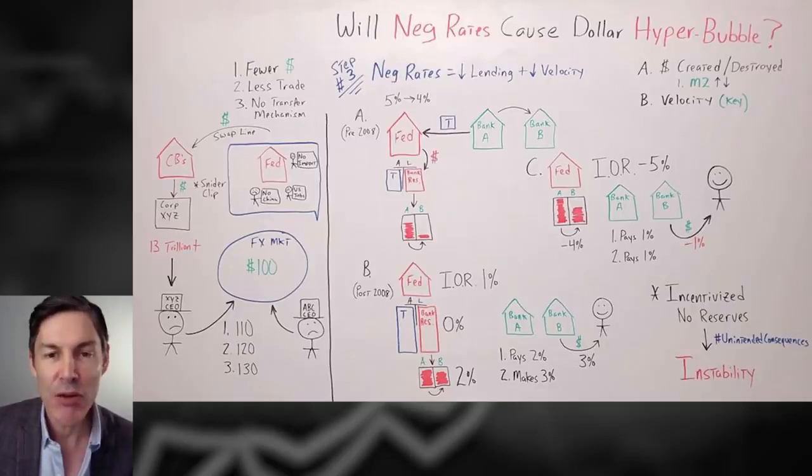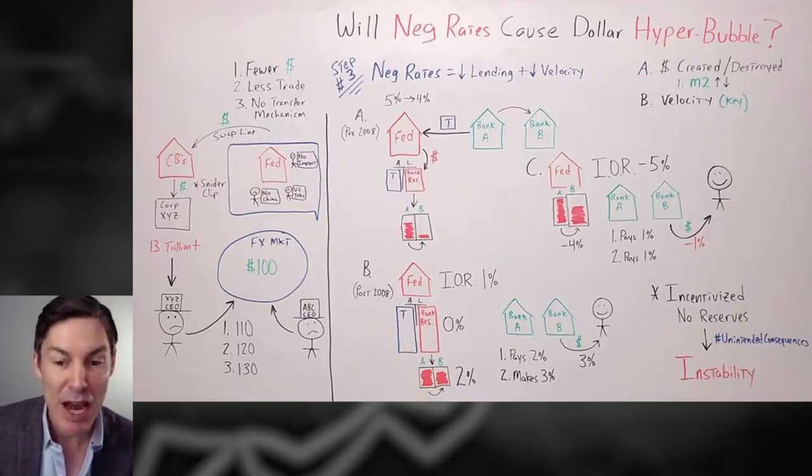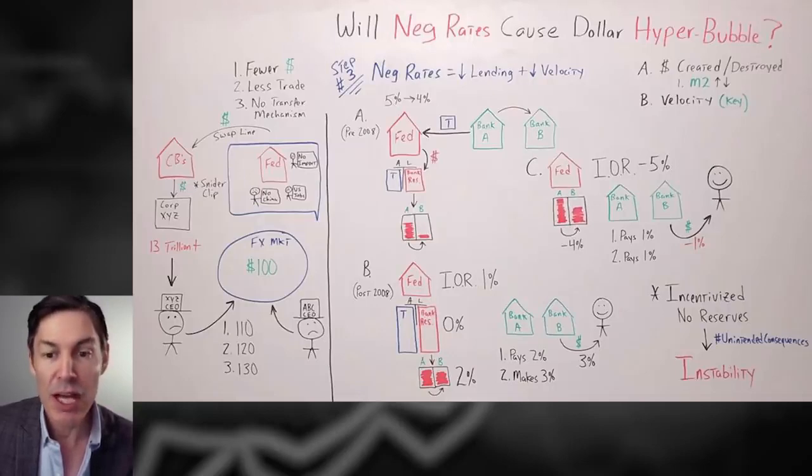But let's think through what happens to the money Bank A pays Bank B 4% to borrow. Those are reserves. So Bank B takes the money and puts it in their reserve account, in which the Fed charges them 5%.